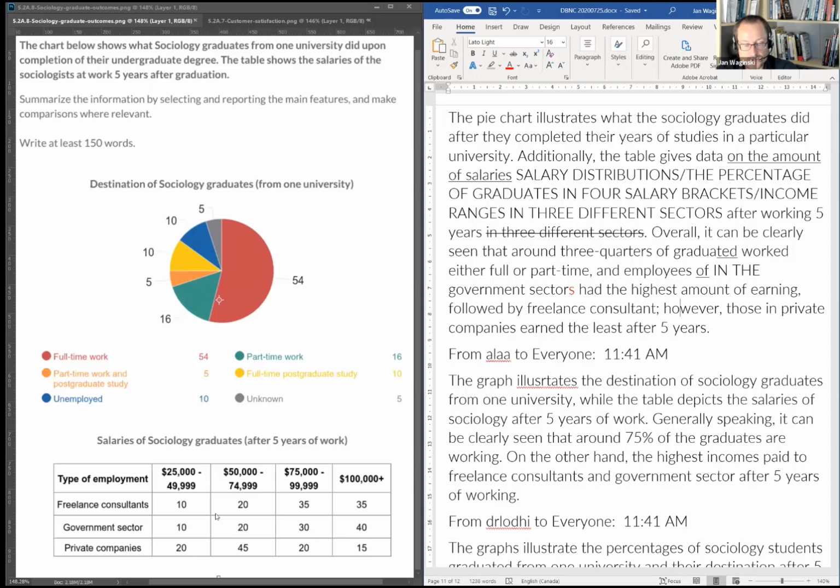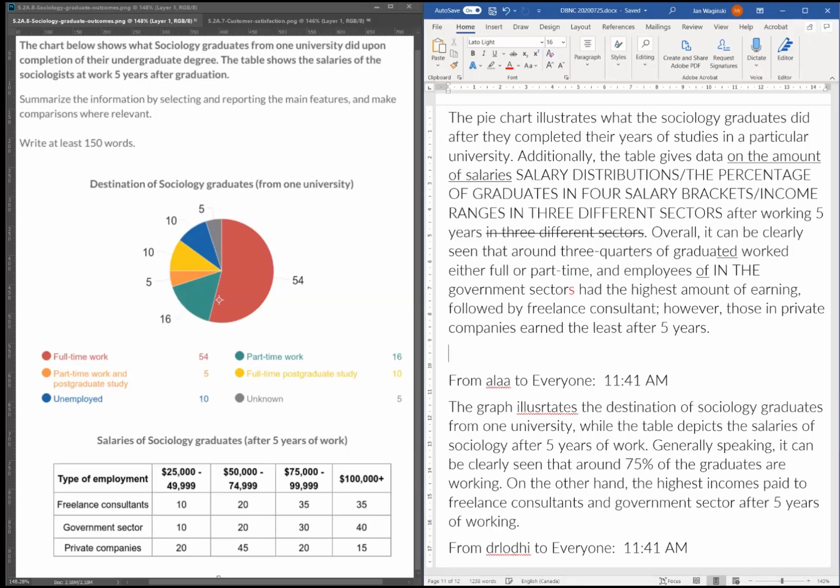You have to be a little bit more precise in how you describe this. So basically what's going on here is 40% of government sector employees earned the highest salary range, or 40% of government sector employees were in the highest income bracket. Let me write that down, because with statistics, the devil really is in the details. 40% of government employees were... we don't know, is this percent or number?